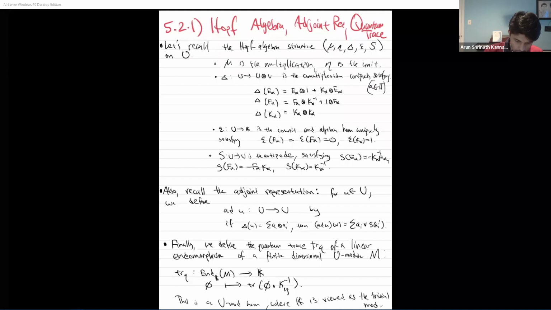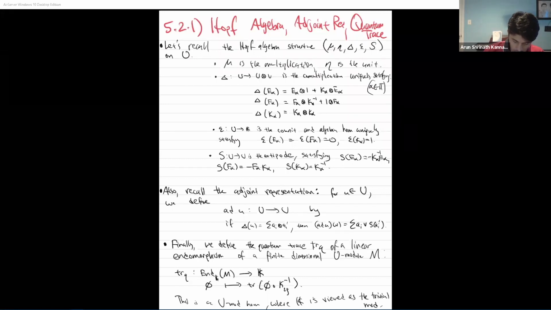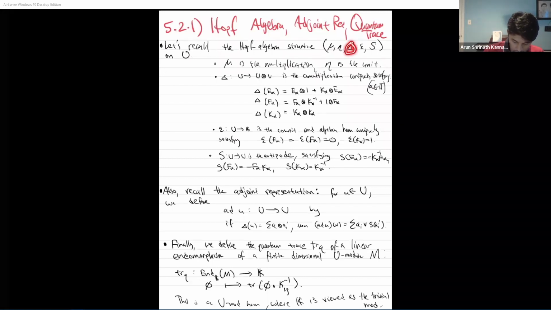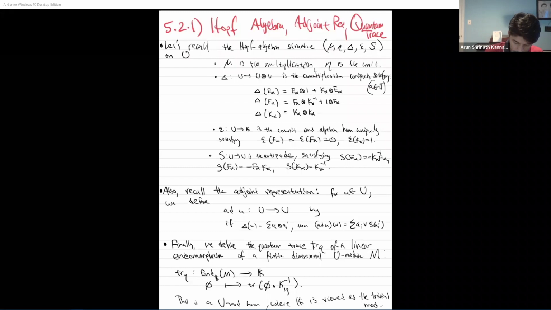So I'm going to let delta denote the co-multiplication, and epsilon denote the co-unit, and S denote the antipode. And the co-multiplication of E alpha is given as such, F alpha is given as that, and K alpha is given as that.